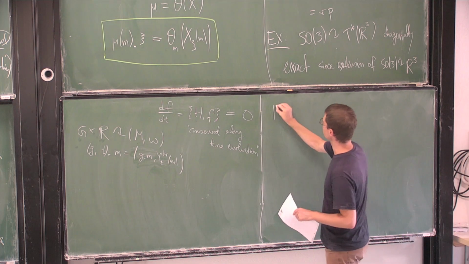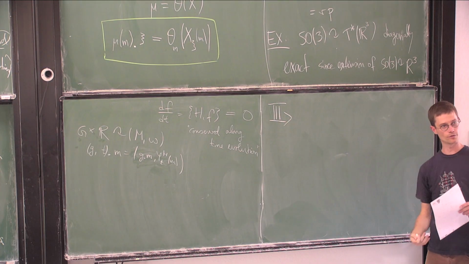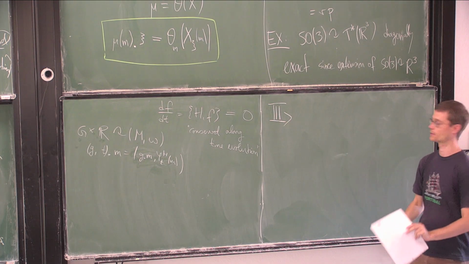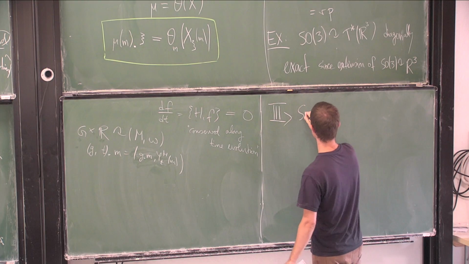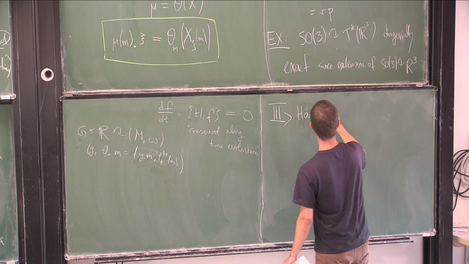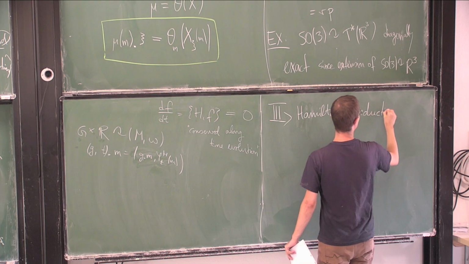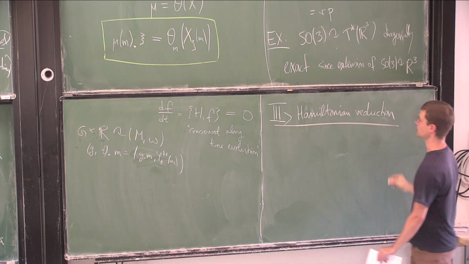Okay, if there's no question, then let's go to the last part. Now that we have this list of conserved quantities, I said we want to reduce our phase space. So what is this symplectic reduction, Hamiltonian reduction? There are many different names which say exactly the same thing.